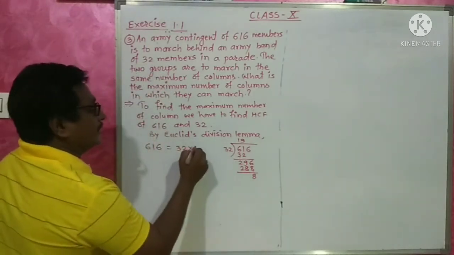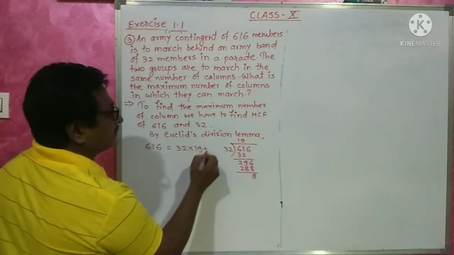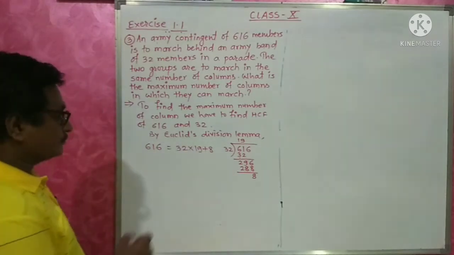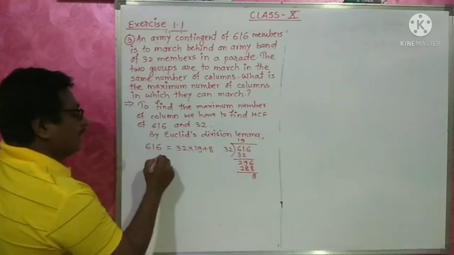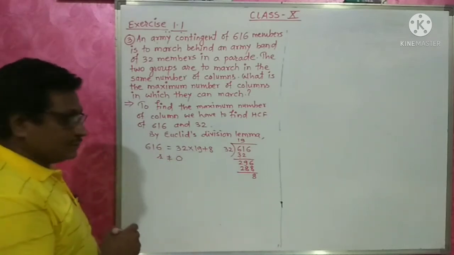So 616 equals 32 into 19 plus 8. So r is not equal to 0.